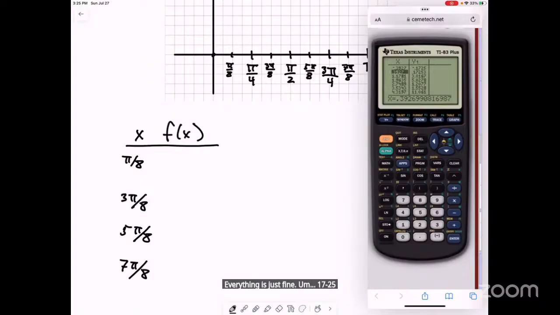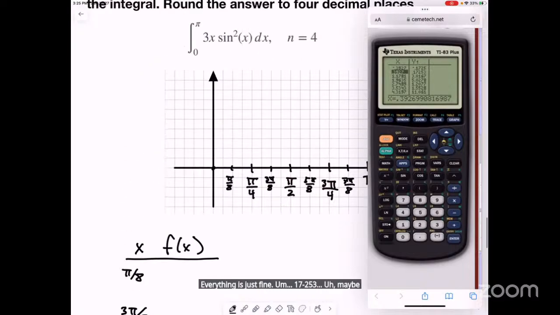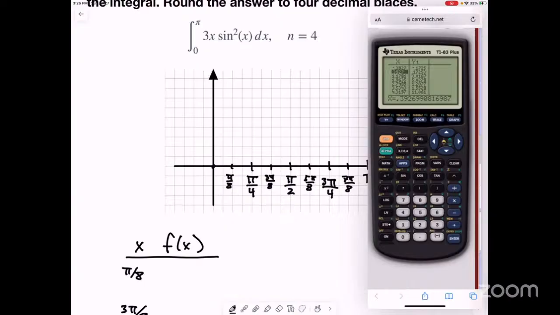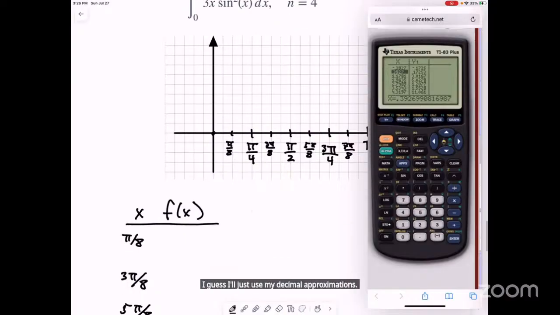Maybe we can get an exact result here. 3 pi over 8. Let me see. Pi over 2. Sine of 90 is a 1. I guess I'll just use my decimal approximations.